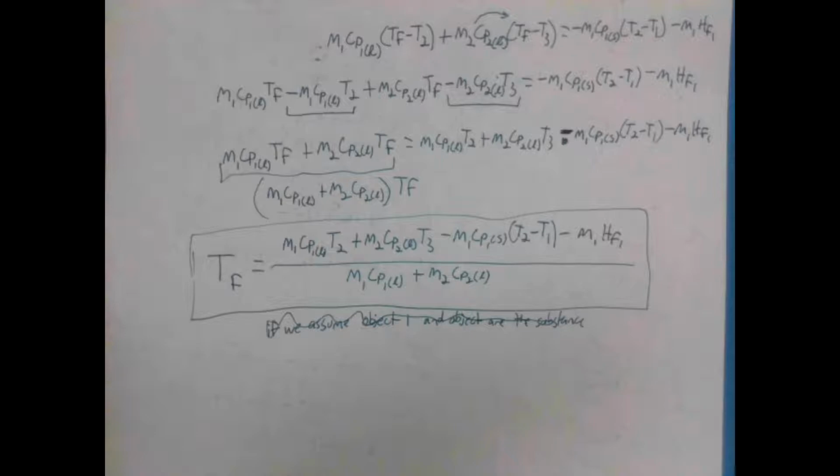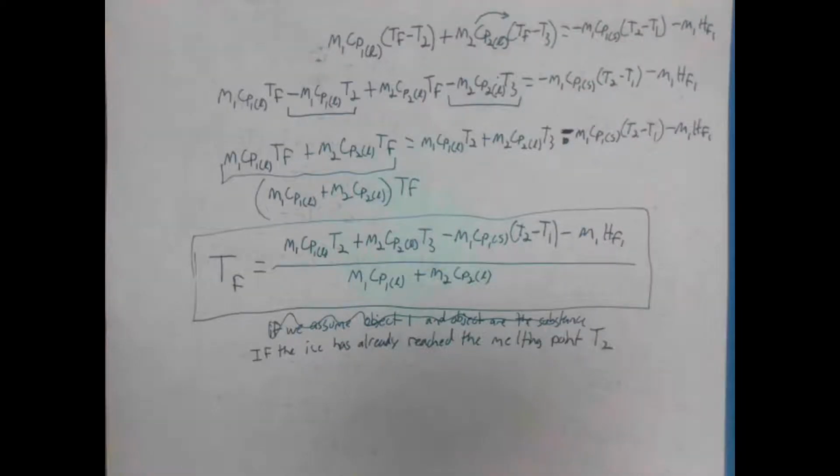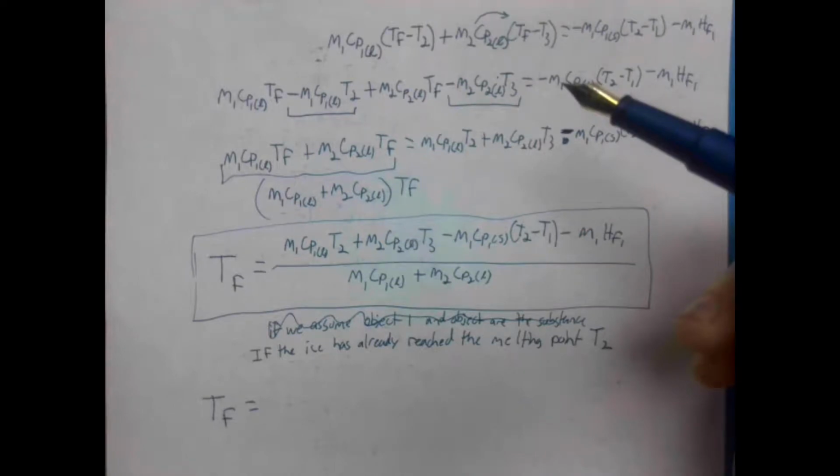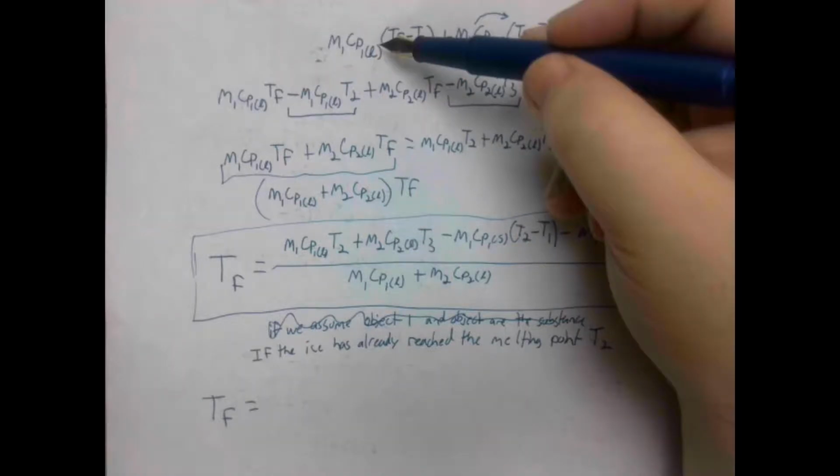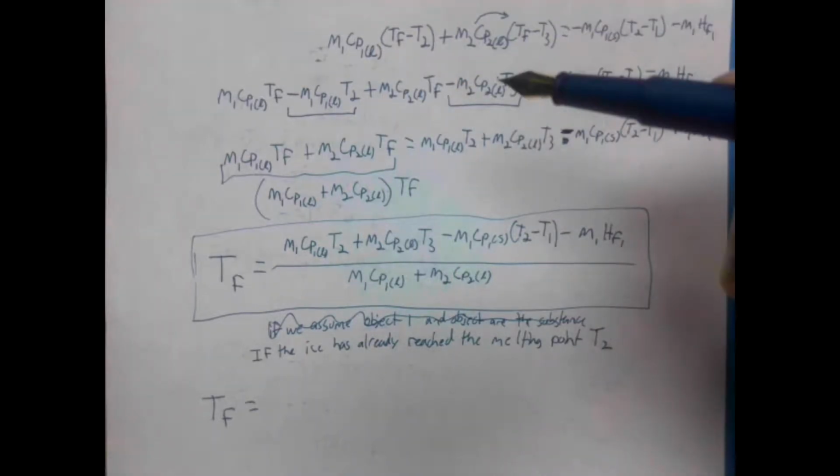So if the ice has already reached the melting point, T2, so T2 was the melting point, we can simplify this down to, so what are we doing? We are basically removing this M1 CP1L TF, this one, M1 CP1S.